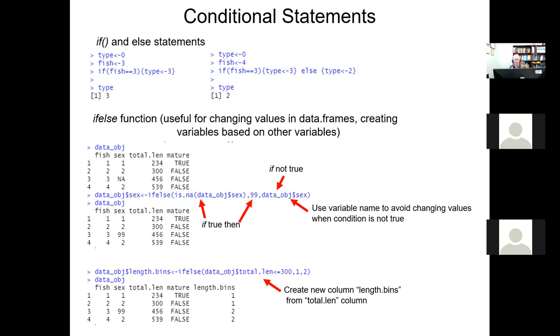I'm using the if-else statement to code a 1 if the length is less than or equal to 300, else I'm coding it as 2. When you do that, you can see there's a new column added. Anything less than or equal to 300 has a 1, and anything above that has a 2. You can do things like that if you want to make length frequency histograms. So it's a very handy function.